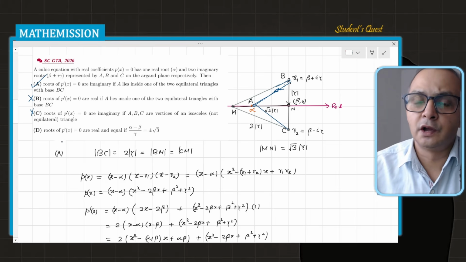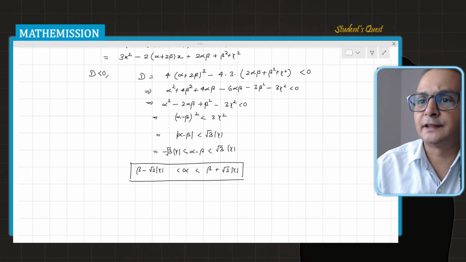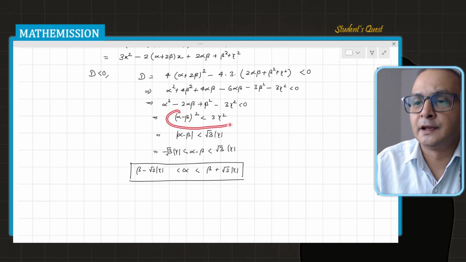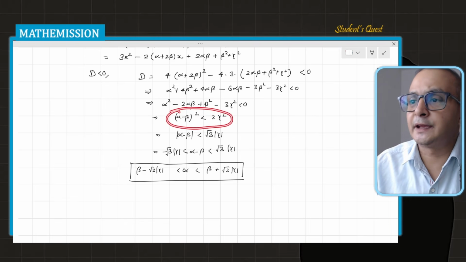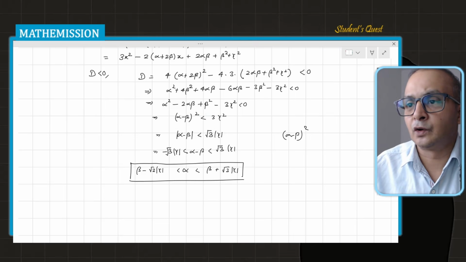So roots of p(x) are real and equal if alpha minus beta by gamma is this. Of course, we have taken this discriminant, and from there, if you look at this condition, this is lesser than 0. If I make it equal to 0, I can get alpha minus beta whole square is 3 gamma square.